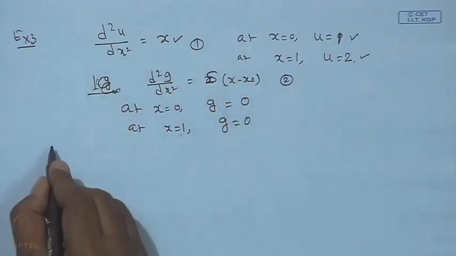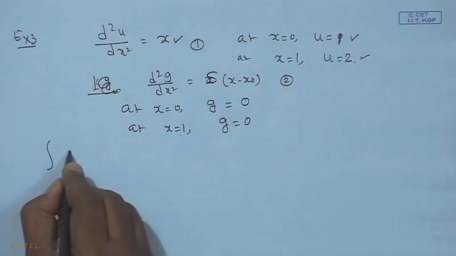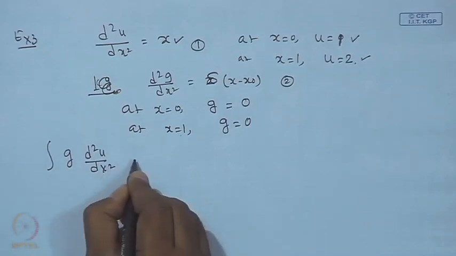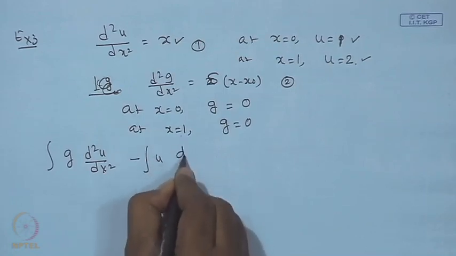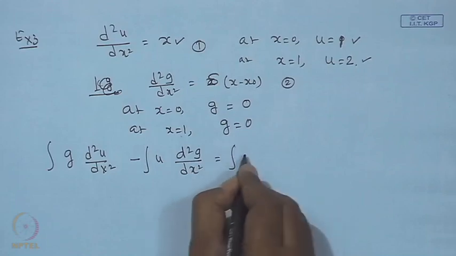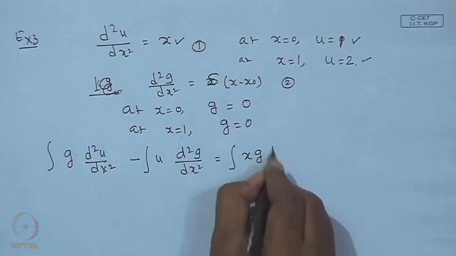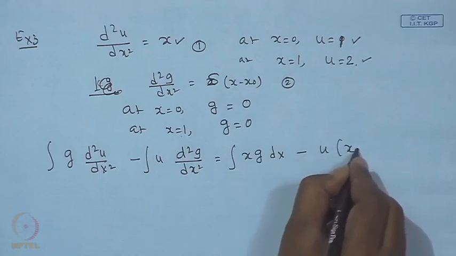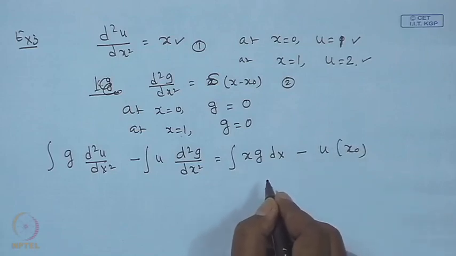So, you multiply g with the first equation: g d square u dx square minus u d square g dx square is equal to integral x g dx minus u of x naught. Okay.